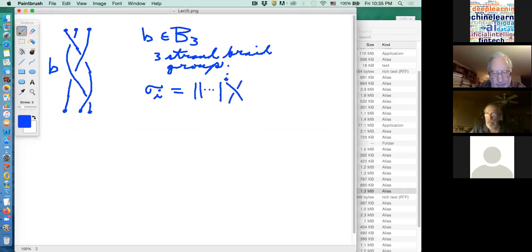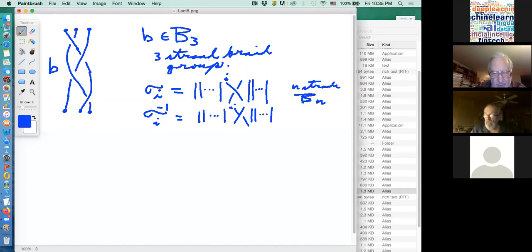That's my definition for the orientation in the braid, and then it continues on to the end with n strands for the n-strand braid group. And we also have the inverse of that, which is exactly this with the reverse here at that point. Everything else is the same.